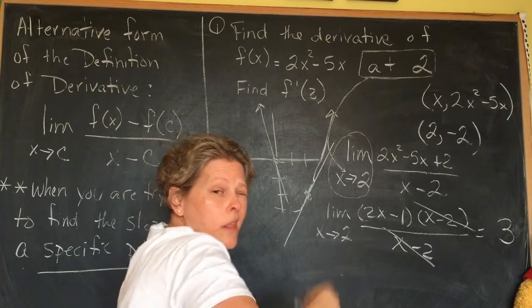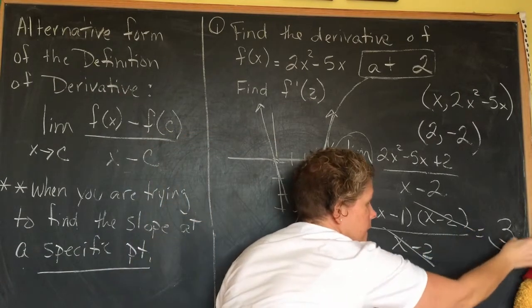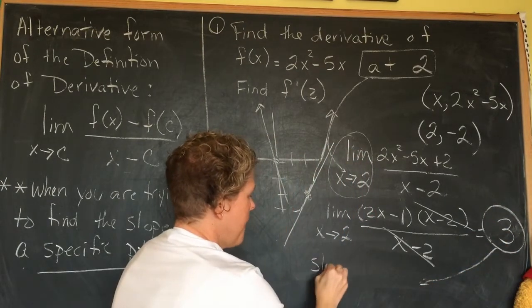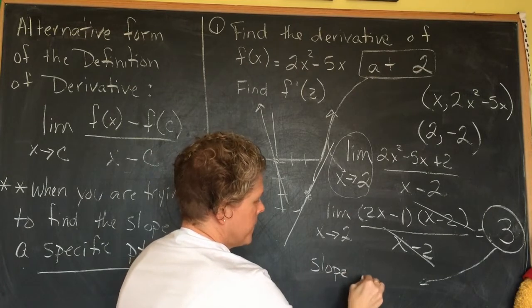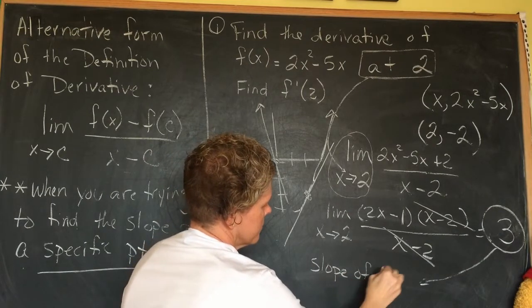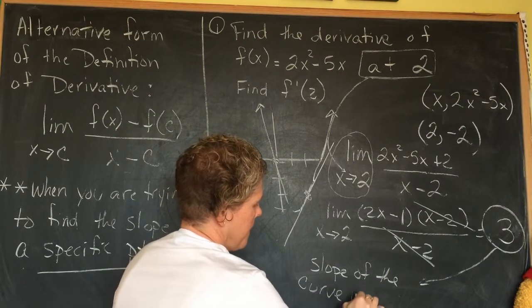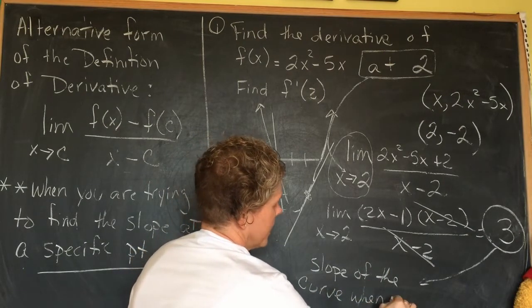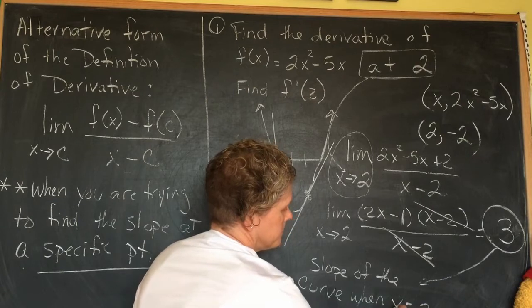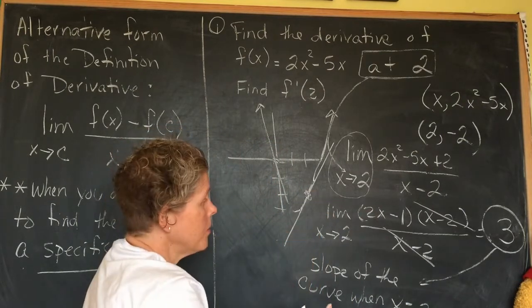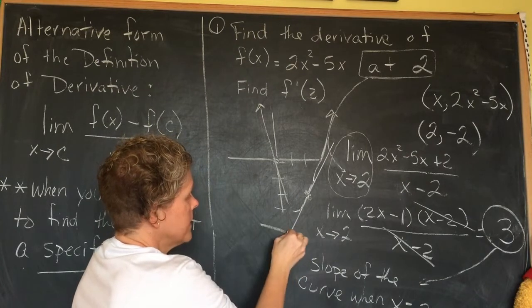Now you have to know what 3 is. 3 stands for the slope of the curve when x equals 2. So this is the slope right here. But that also doubles then as the slope of my tangent line.